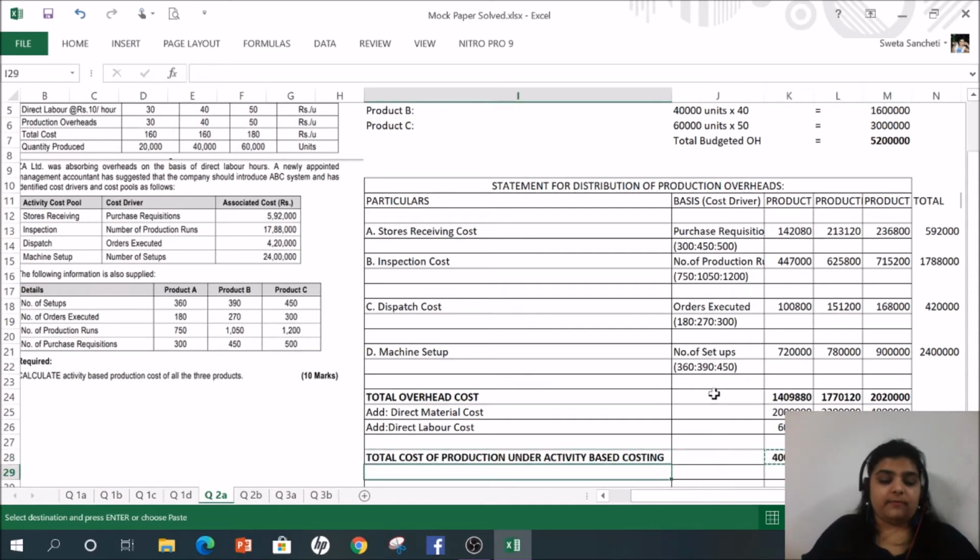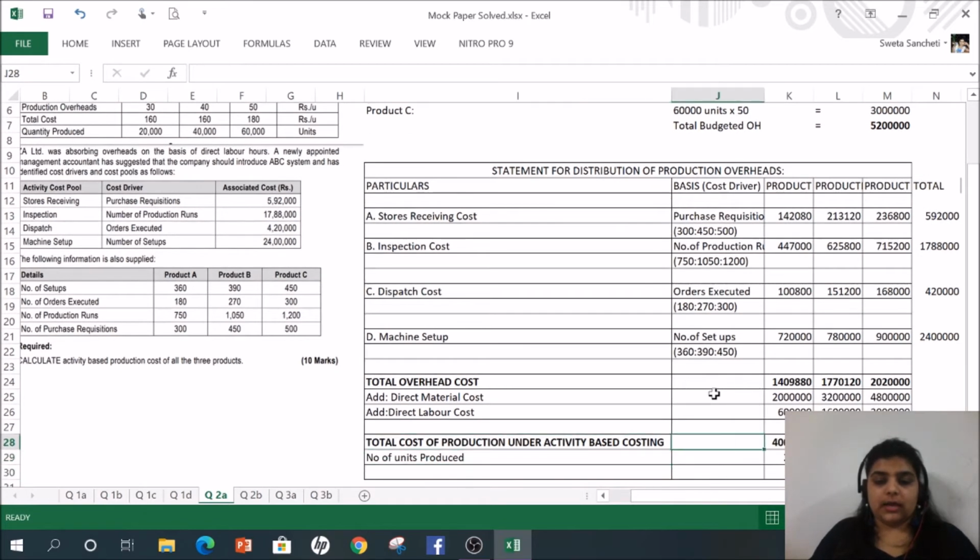Now if I divide it by the number of units produced, that is 20,000, 40,000 and 60,000.